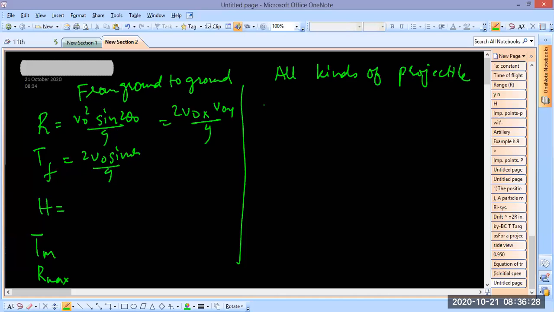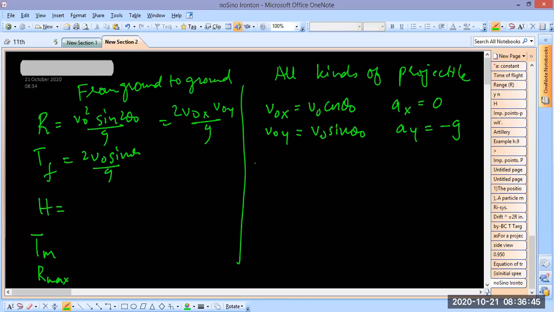Which formulas are true for all kinds of projectile? Well, here are these. All this is true for everything. v0x is v0 cos theta 0, ax is 0, v0y is v0 sin theta 0, ay is minus g. Then vx is equal to v0 cos theta 0. It's a constant, right?